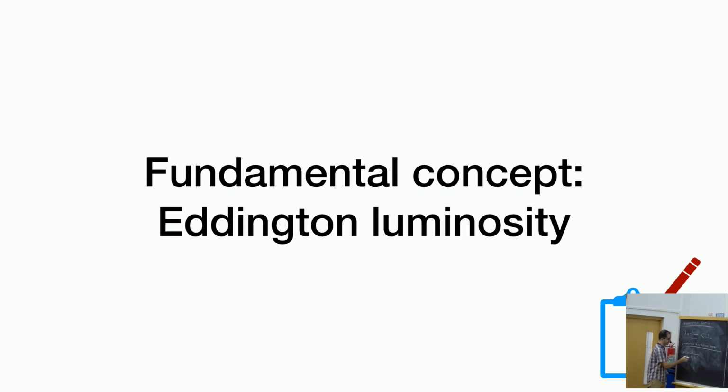The accretion rate is the luminosity of your system divided by the efficiency of converting matter, rest mass energy of matter, into radiation. What you simply do here is that if this is the Eddington luminosity, then the accretion rate is defined as the Eddington accretion rate.